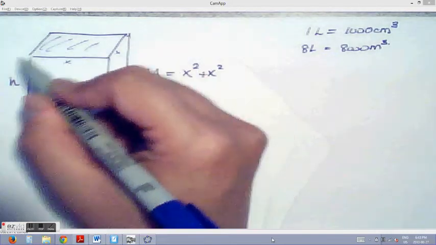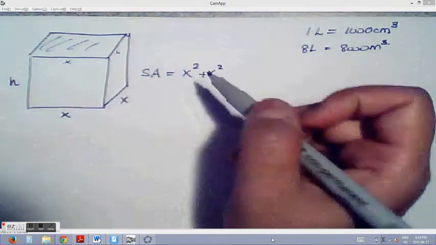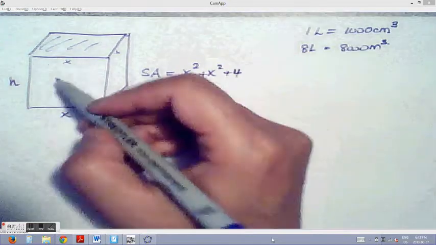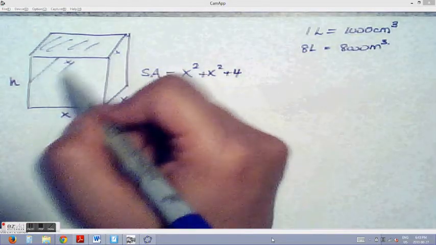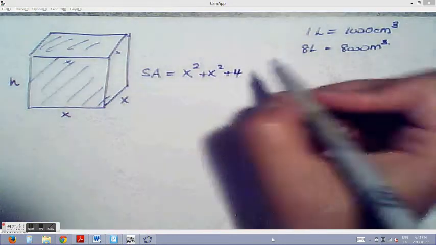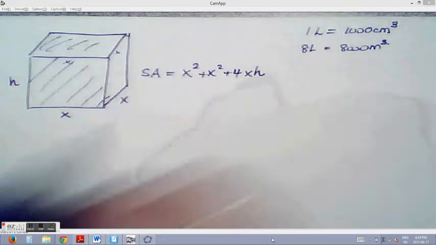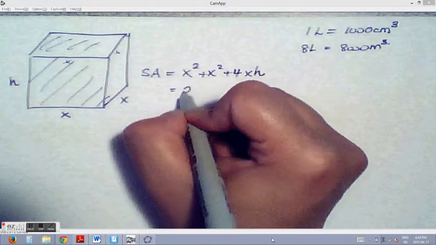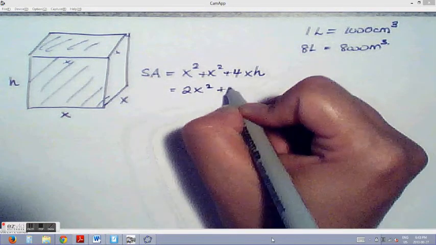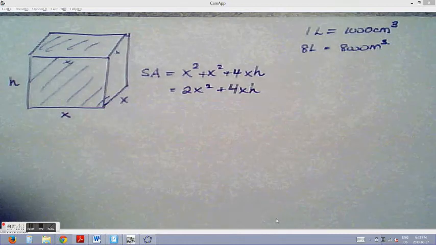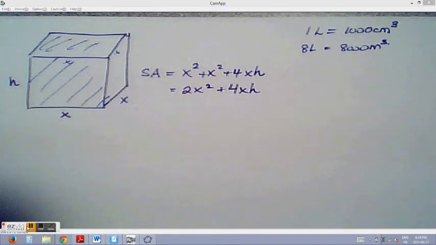Then we have 4 sides that go all the way around. So if you're just looking at this surface right here, it's height times x. So x h. Okay, so that's our surface area. Just simplifying a little bit more, 2x squared plus 4xh. Okay, so that's our one equation.